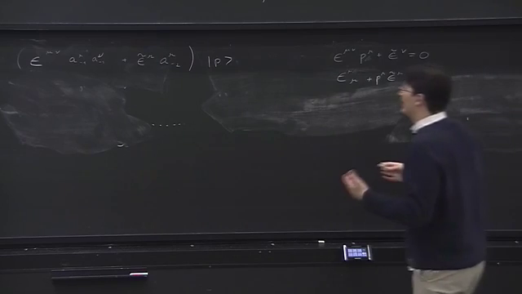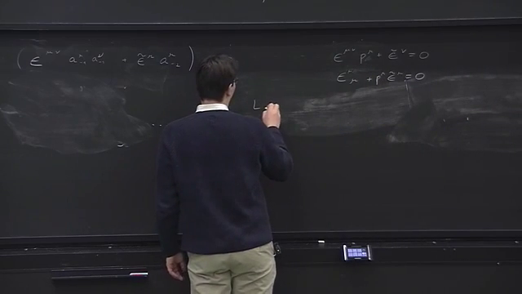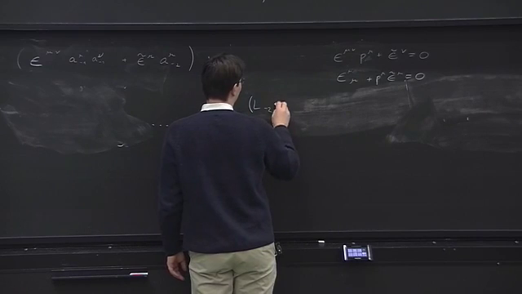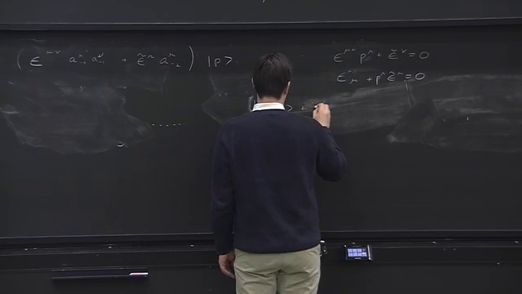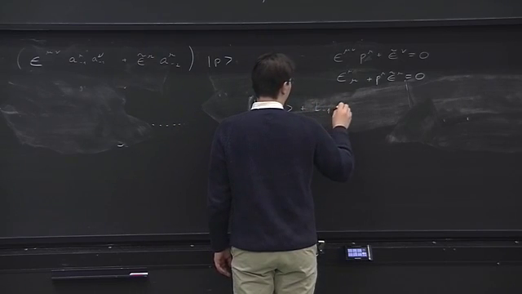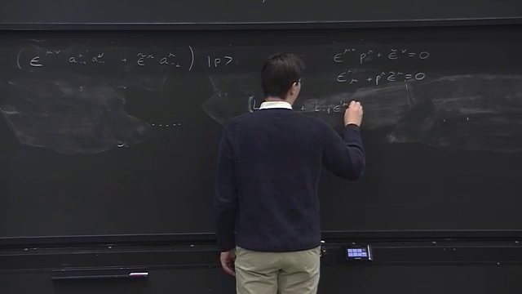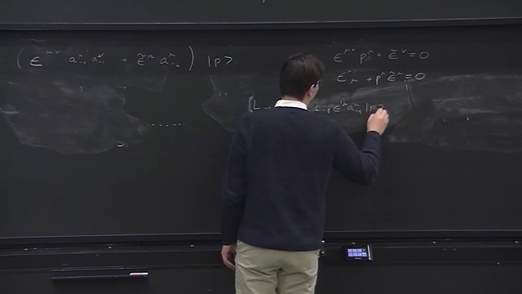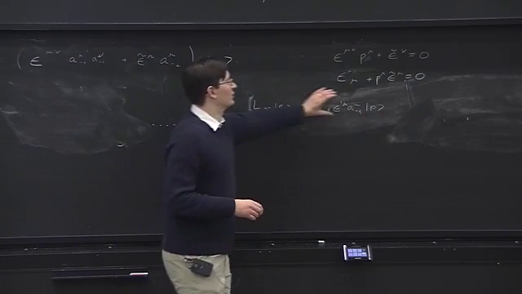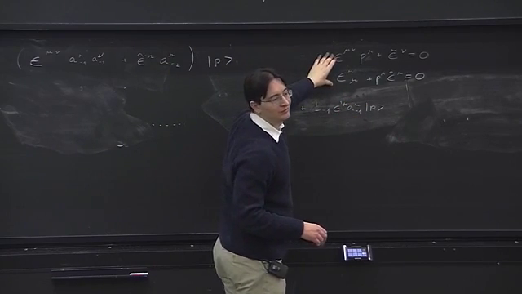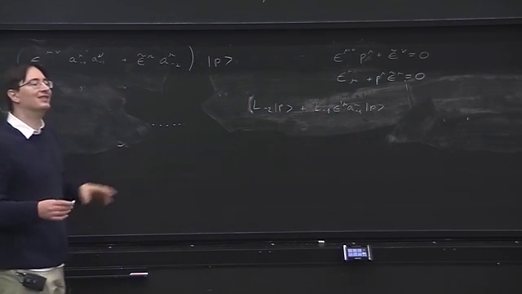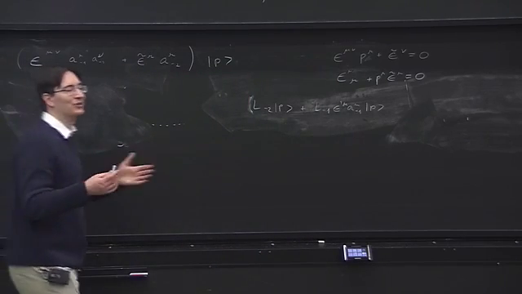The null states are going to be states which are generated by L-2 acting on p, or L-1 acting on L-1. So you can try to look if some linear combination of this sort can take this form. And you should find that this happens only if the total dimension is actually 26.